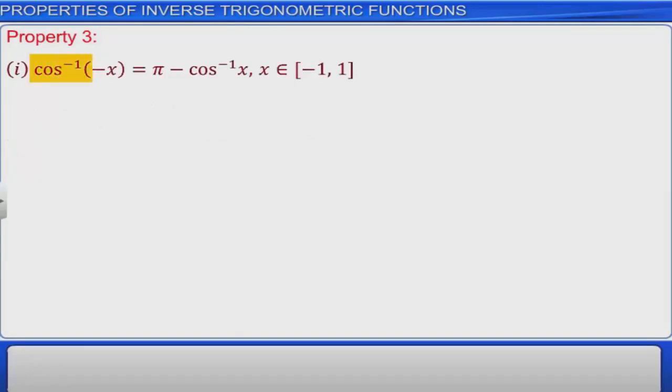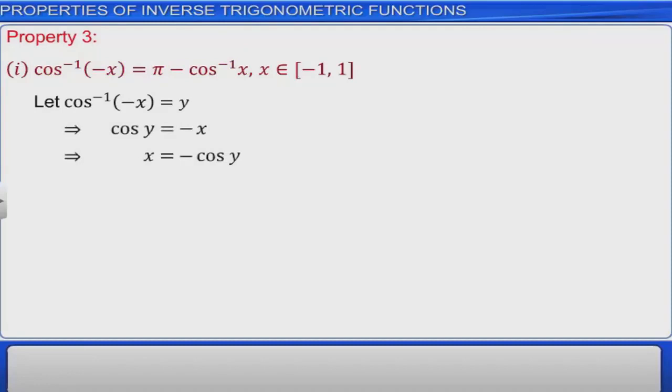Cos inverse of minus x is equal to pi minus cos inverse x. Let us assume cos inverse of minus x is equal to y. This implies cos y is equal to minus x, or x is equal to minus cos y. Further, minus cos y can be written as cos of pi minus y, since cos of pi minus theta is equal to minus cos theta.